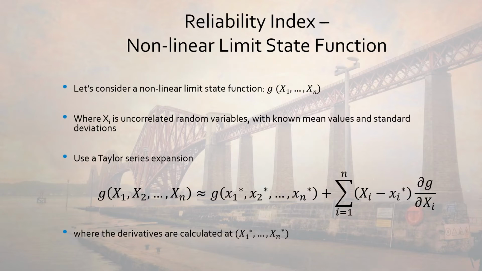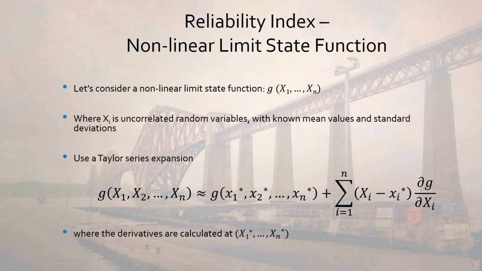So let's consider a nonlinear limit state function g of x1 to xn, where xi are uncorrelated random variables with known mean values and standard deviations. If we use a Taylor series expansion to linearize this function, it can be approximated to the limit state function inserted x1 star, x2 star and so on, where star marks the point at which we are linearizing the function, plus the sum of xi minus xi star times the partial derivative function for each xi.